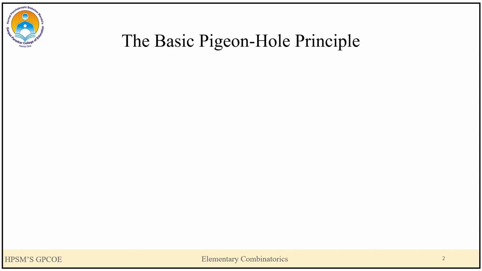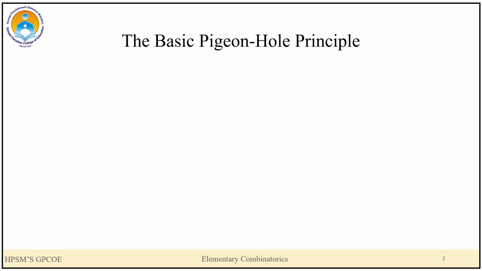For example, let us say that there are 5 pigeons and there are only 4 pigeonholes. Okay? In that case, if all these pigeons want to occupy those pigeonholes, there will be at least one hole wherein you will find at least 2 pigeons, right?